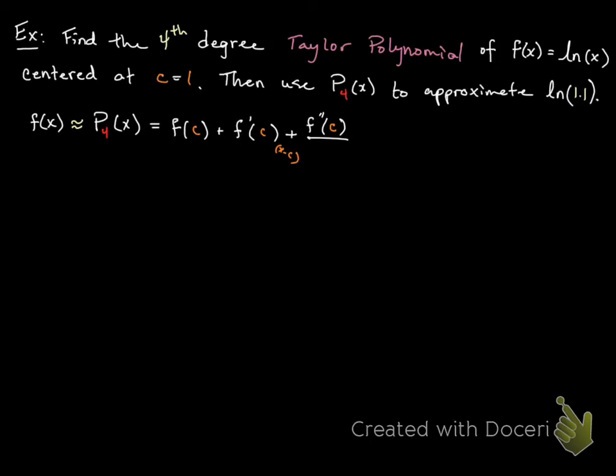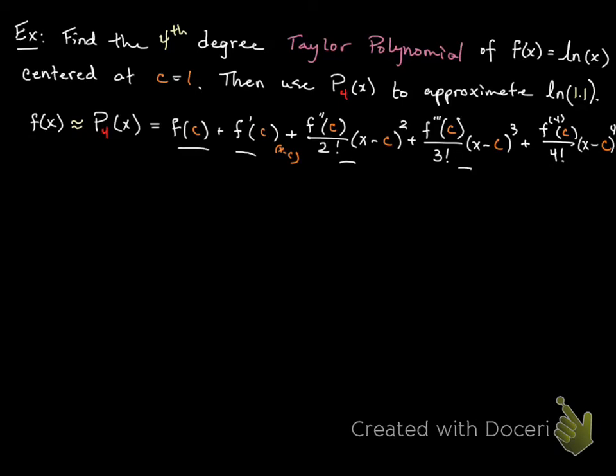Forgive me. f double prime of c over 2 factorial, x minus c squared, plus f triple prime of c divided by 3 factorial, x minus c cubed. And then the 4th and final piece there is the 5th term, right? So I've got 5 terms here, 1, 2, 3, 4, 5 of the 4th degree Taylor polynomial. And I know it's 4th degree because x minus c to the 4th has x to the 4th as a power, and that's the highest power of this polynomial.